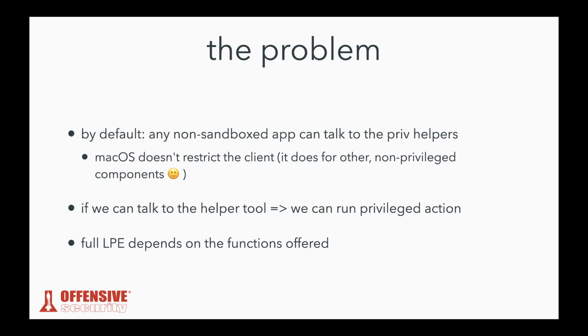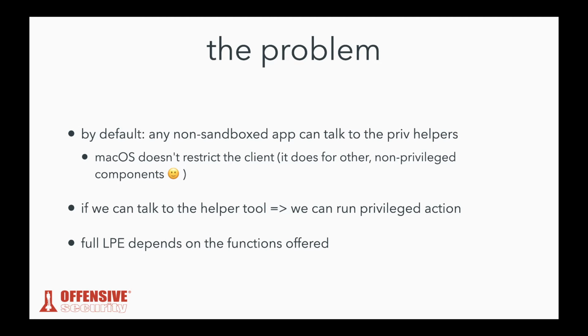Actually, macOS does restrict this if you are using application components inside the application bundle, but those are not Mach services advertised globally on the system. So by default, we can talk to these helper tools.